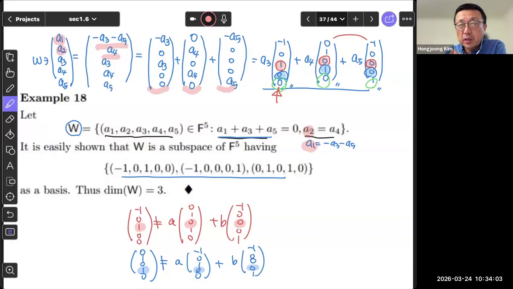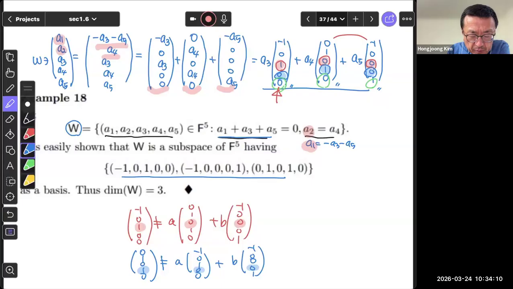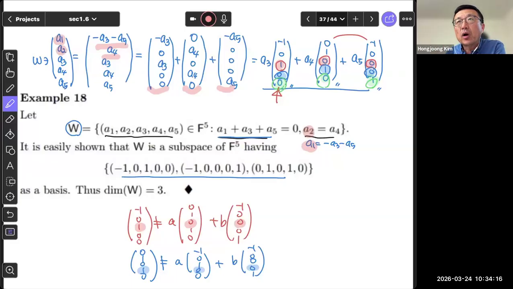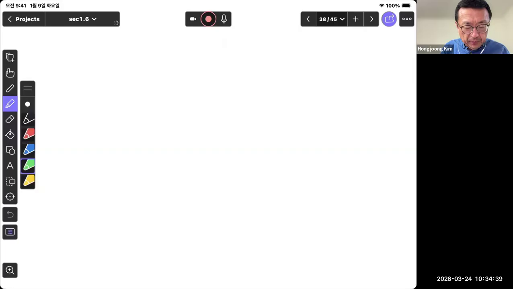So the second vector cannot be written as a linear combination of the other two. And when I look at the fifth entry, only the third vector has the value 1, while the other two have zeros in the fifth place. So that means the third vector cannot be written as a linear combination of the first two vectors, right?